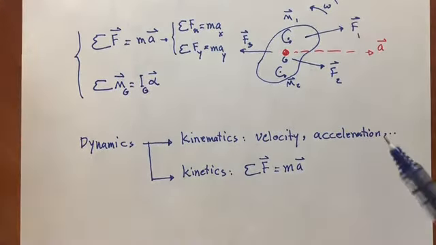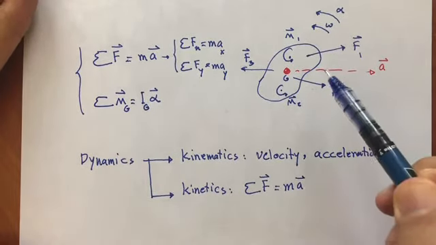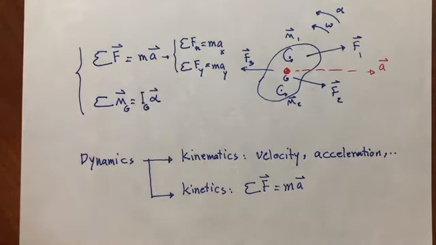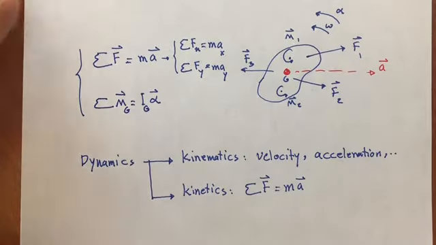For example, if we want this body to have some specific acceleration in some specific direction, then what forces do we need to apply to it? So we are going to deal with forces, accelerations, and velocities. These are two categories of the materials that we are going to have during this class. We are going to talk about them quite a lot.